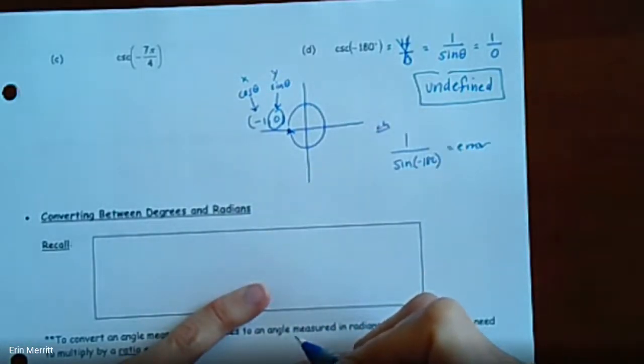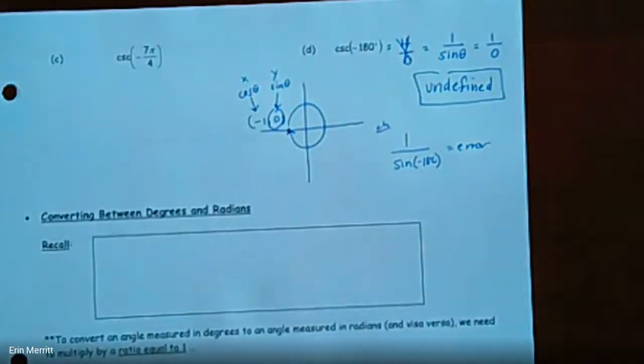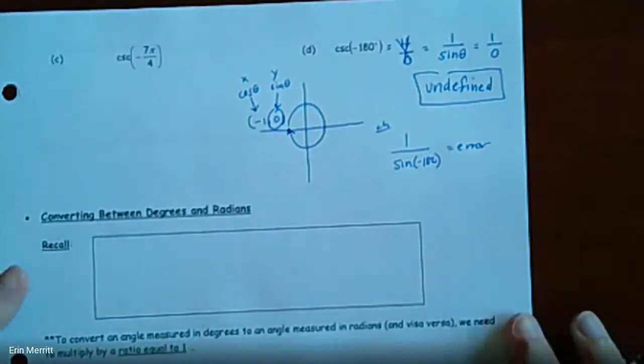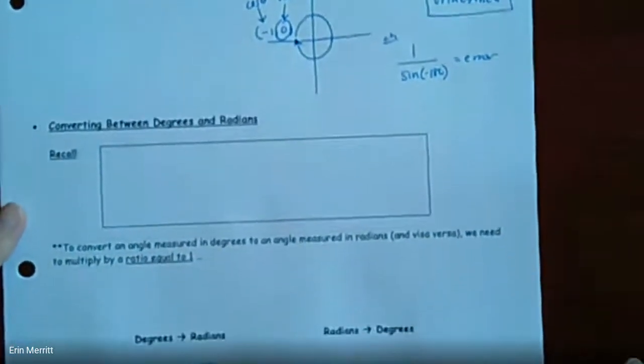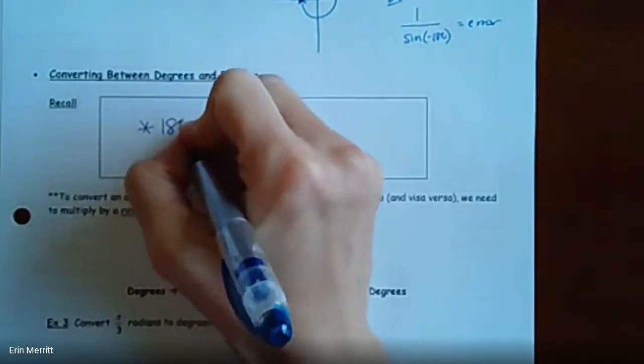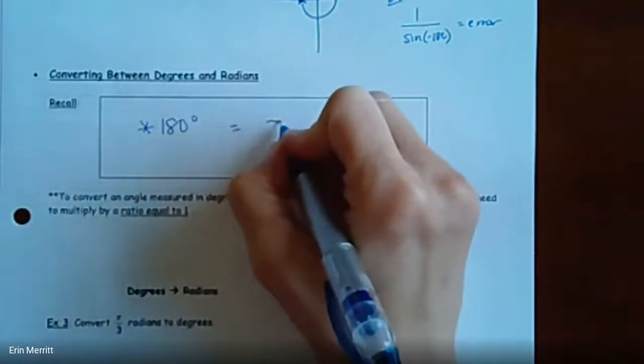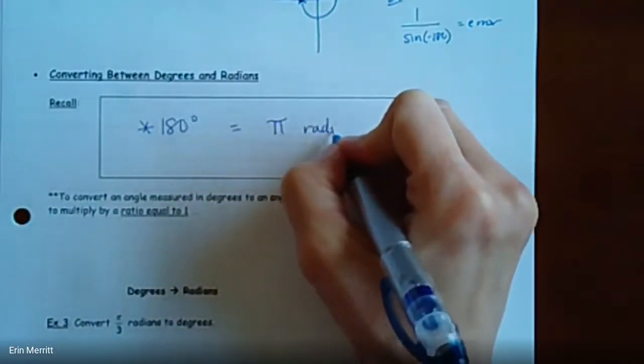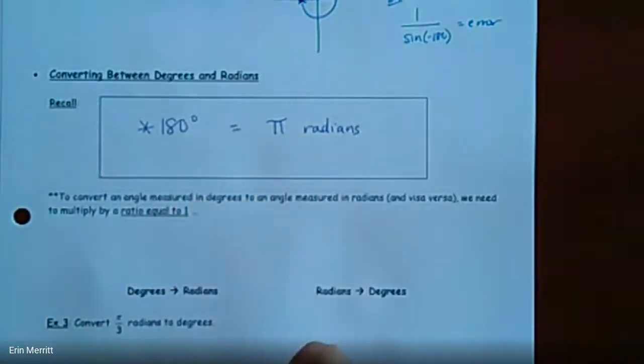Okay, the next part of the notes is actually just talking about how to convert between degrees and radians, which you might have been starting to do on your own already. So the idea is using 180 degrees is the same as pi radians, that we can convert from one to the other.